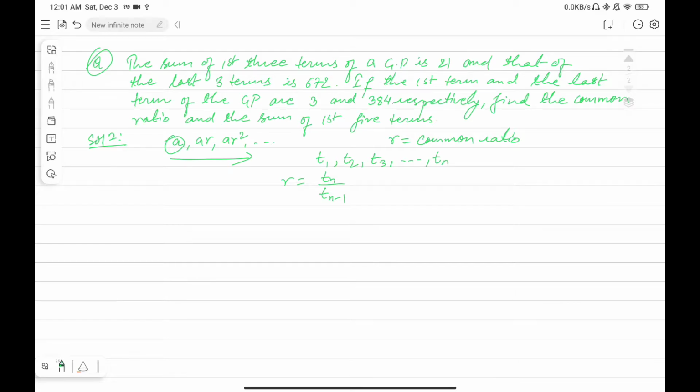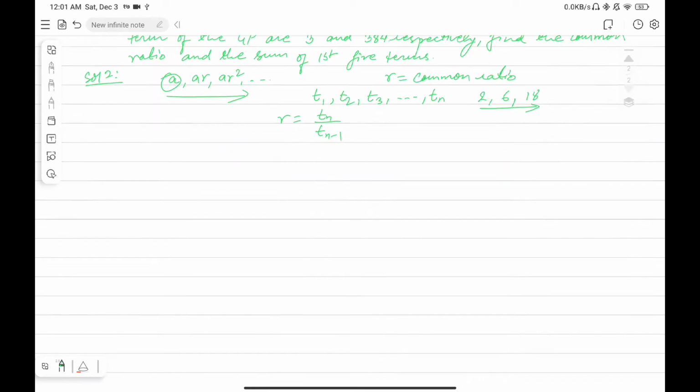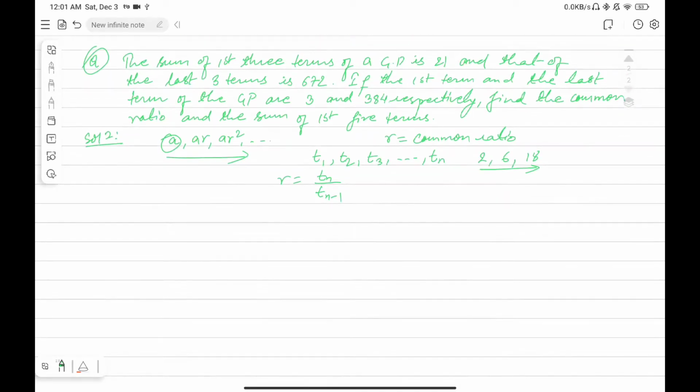Let's take an example. We have 2. Now let's multiply this with 3. 2 3s are 6. Now 6 3s are 18. As we move forward, we are multiplying each preceding term with 3 to get the next term.